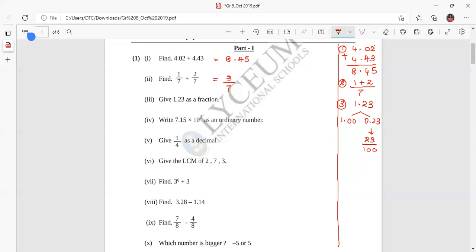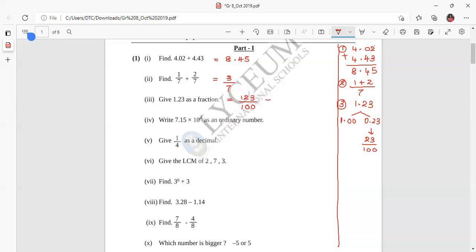But I have here 1. What should I do now? When you are writing this as a fraction, what will be the answer? Sometimes most of you may be writing this like this: 123 over 100. Yes, the question instruction is to write as a fraction, right? So you can write it as it is, 123 over 100.